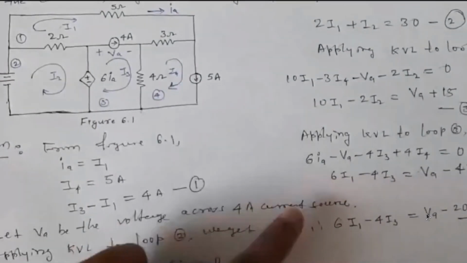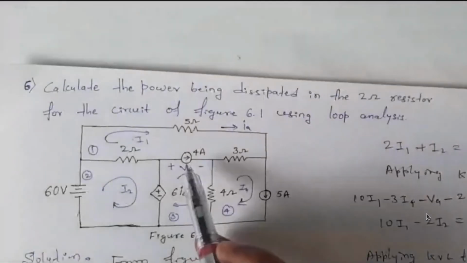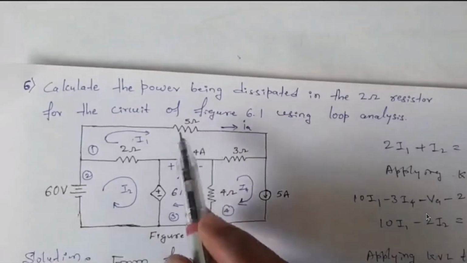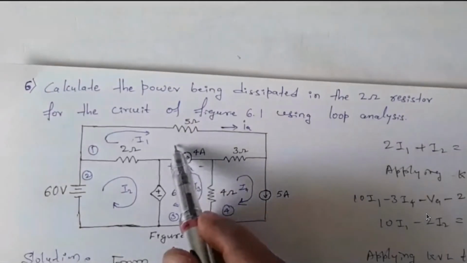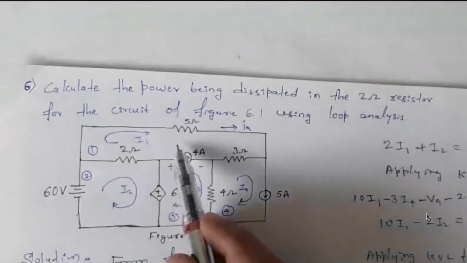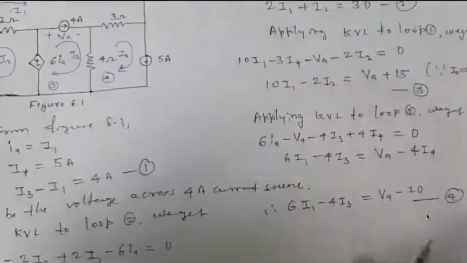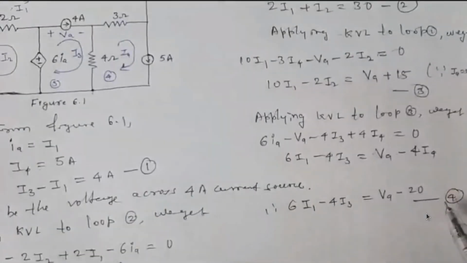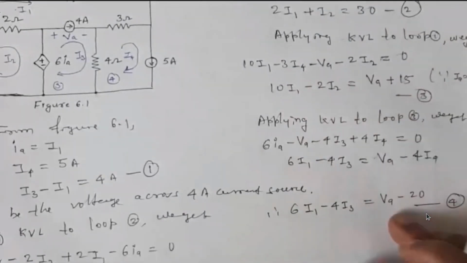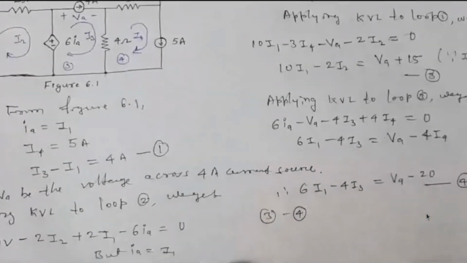Now, dear student, our intention should be to cancel this voltage source VA from the equations that we have got from this particular mesh and this mesh. In the loop mesh equations of this and this, we should cancel out VA. So if you see equation 3 and equation 4, we have VA, and both are positive, so to cancel out, I'll do equation 3 minus 4.